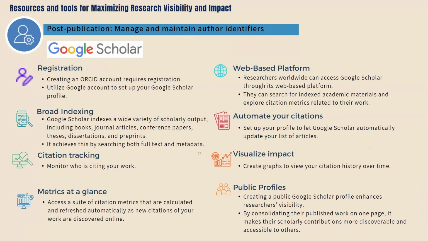Google Scholar is another author profile. Like creating an ORCID iD, creating a Google Scholar account requires registration, and a Google Scholar account can be used to establish a Google Scholar profile, which indexes a diverse array of scholarly outputs, such as books, journal articles, conference papers, theses, dissertations, and preprints.